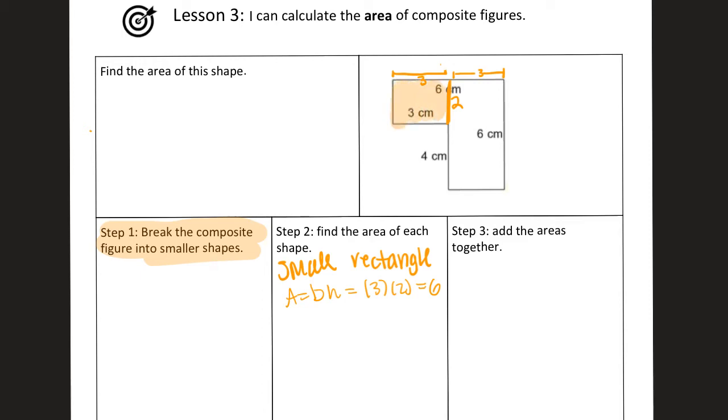And then I'm going to find the area of this larger rectangle. Okay, its base right here is 3, the height is 6. So area is base times height, which is 3 times 6, which is 18.